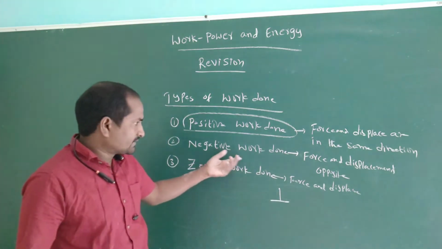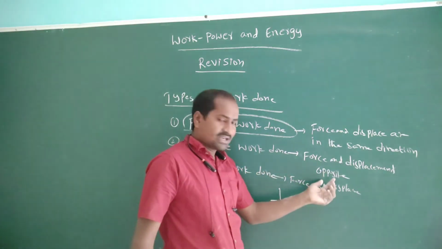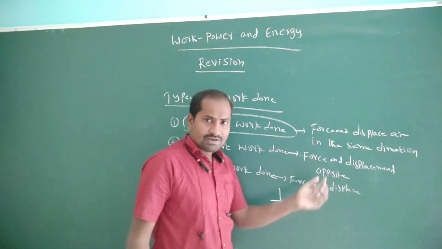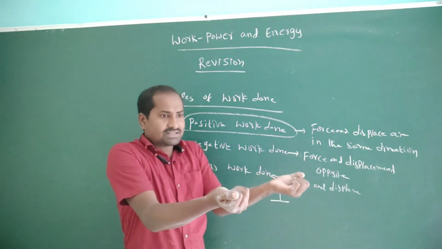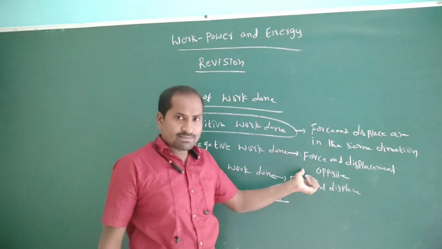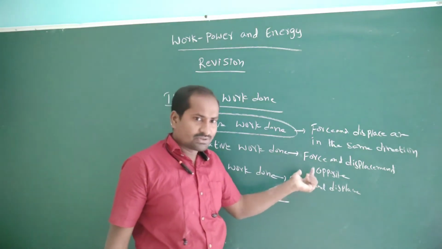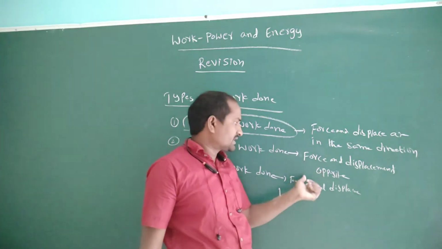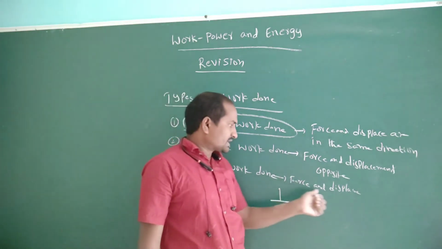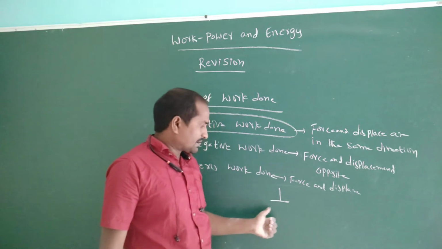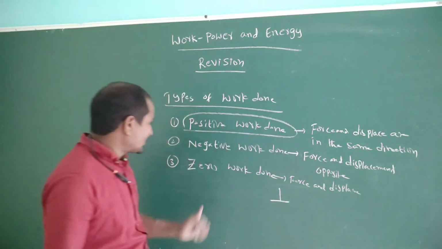Negative work done: force and displacement both are in the opposite direction. We are lifting a school bag, so displacement is upward, and gravitational force acts on the body in the vertically downward direction. Zero work done: force and displacement both are perpendicular to each other.